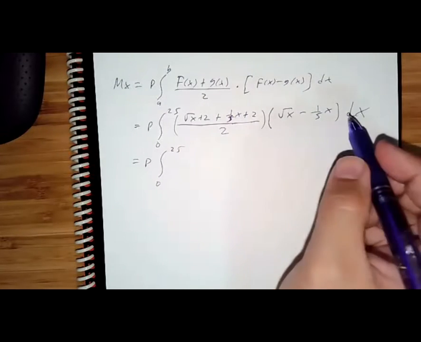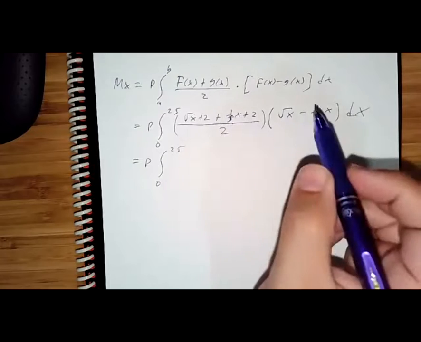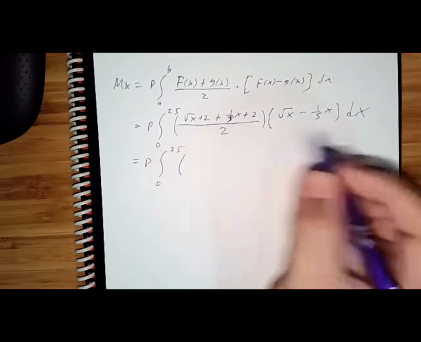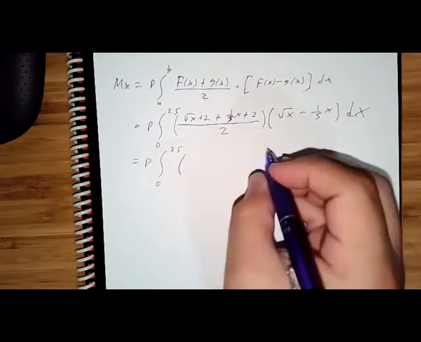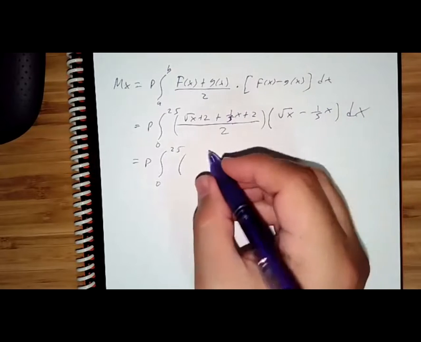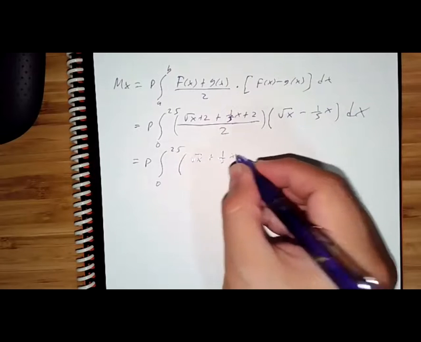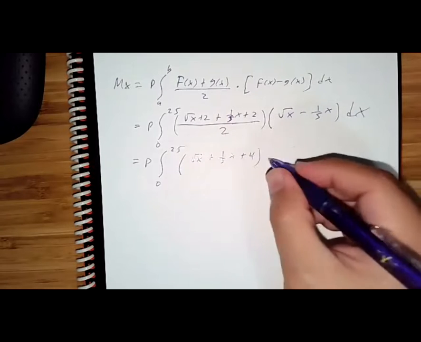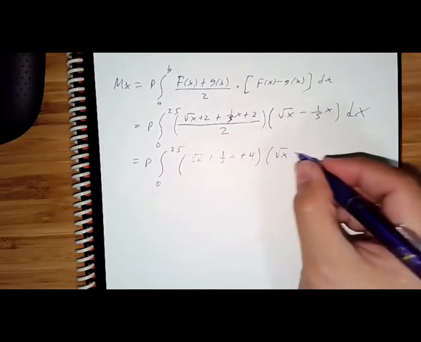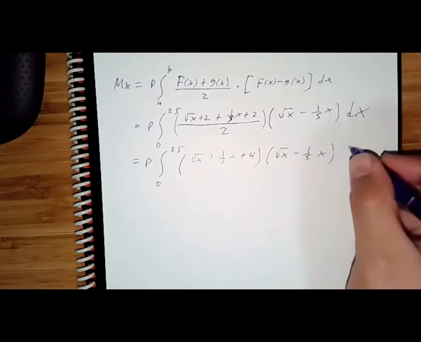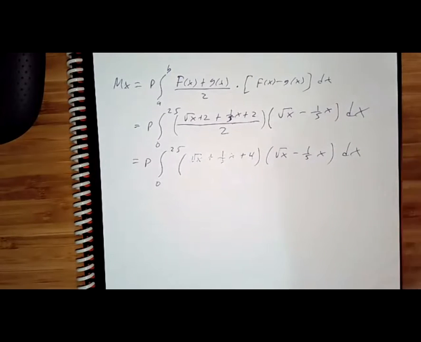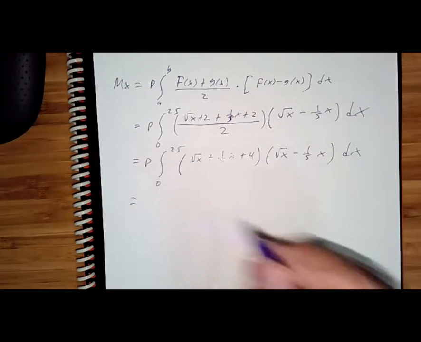Combine, we're going to multiply all this out, combining the like terms first before we integrate. This will be (square root x plus 1/5 x plus 4) times (root x minus 1/5 x) dx. Oh man, I gotta multiply all that out. That sucks.